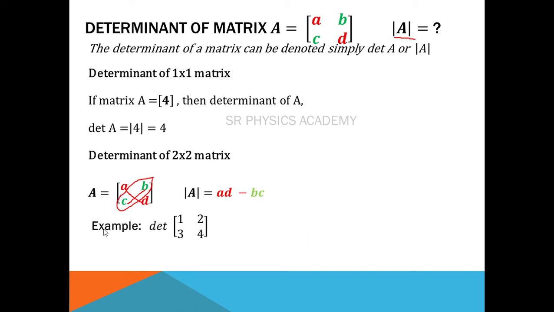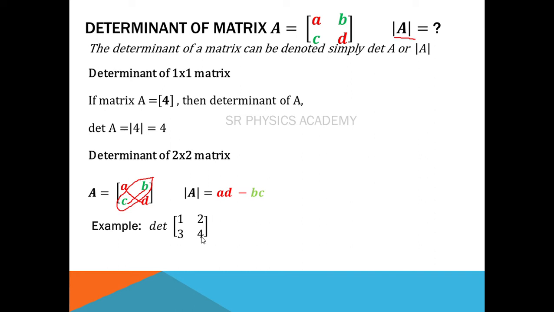For example, we have to calculate the determinant of this matrix. We know it is a 2 by 2 matrix. How many elements are there? 4 elements: 1, 2, 3, 4. What do we have to calculate?